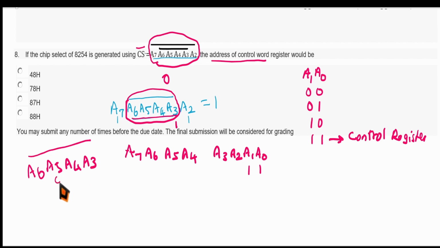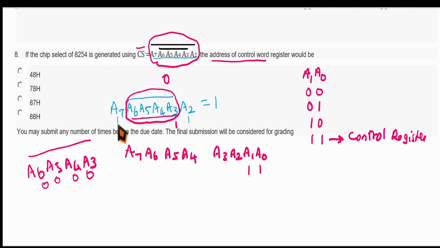If any one is 0, you will get 1 here. But for simplicity, we can take all these values as 0. So 0 means you will get 1 here. So this 1, 1, 1, all will be ANDed. You will get 1. And that one is complemented here. So you will get 0.